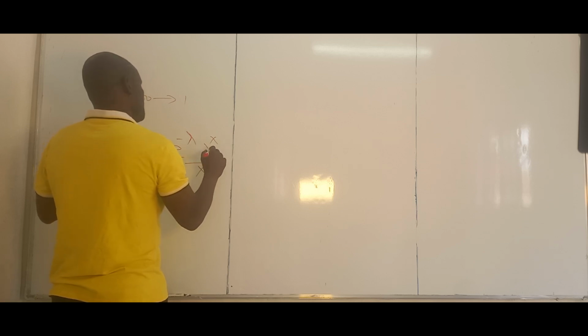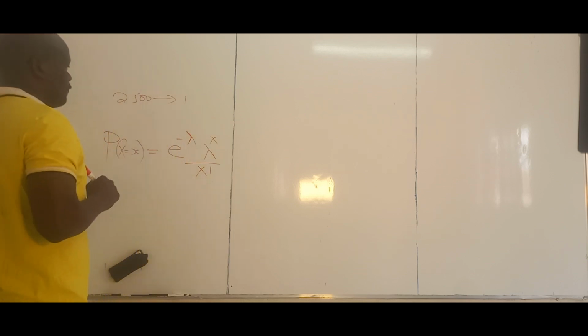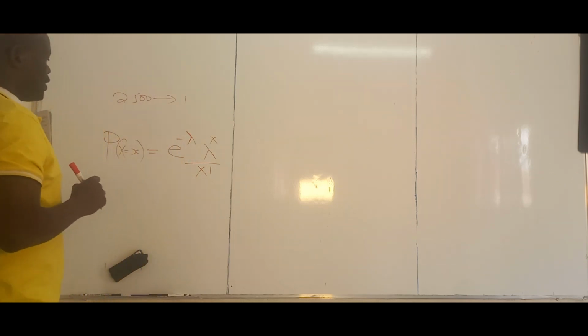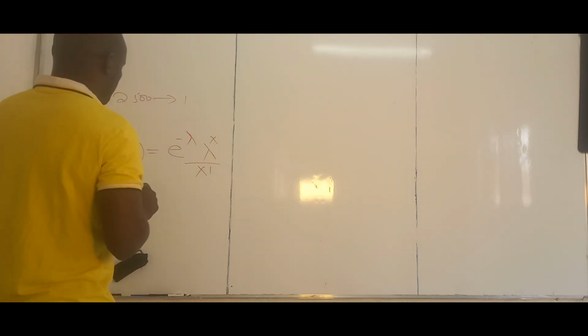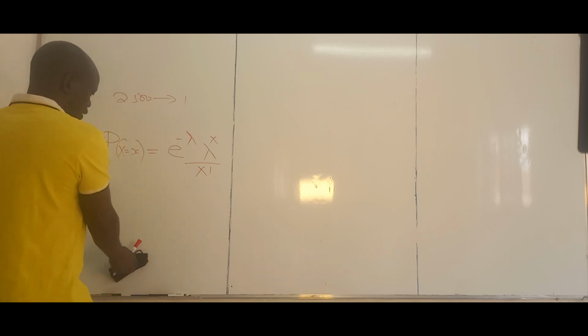This is the Poisson expression, the formula for getting the probability of a Poisson variable.